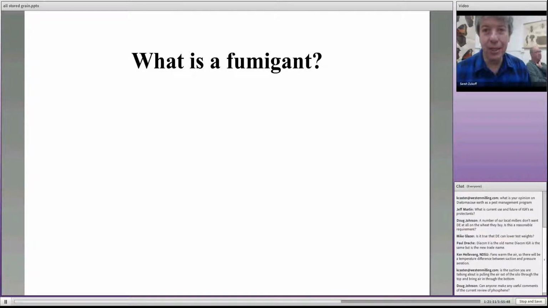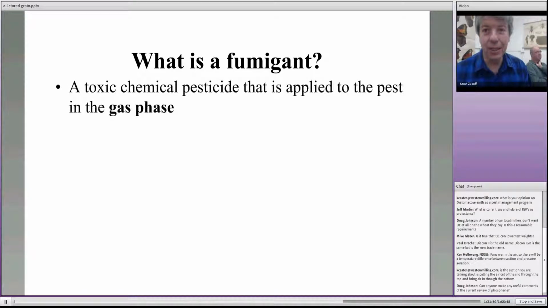The quality of grain is the highest at the time of harvest, and we want to try to hold it close to that during storage. The reason you store grain, my economist friends tell me, is you're trying to get a better price later. And we all know that the prices right after harvest are probably the lowest per bushel, and then they go up. So fumigation works into that a lot.